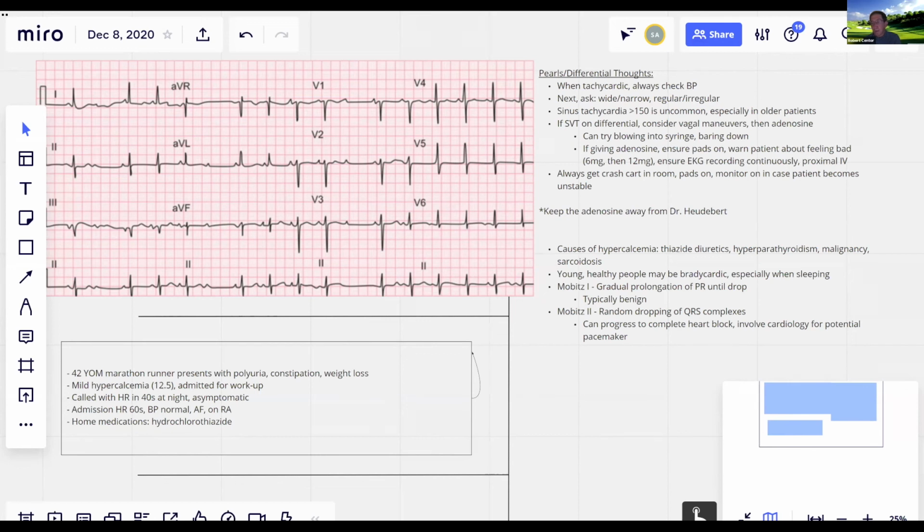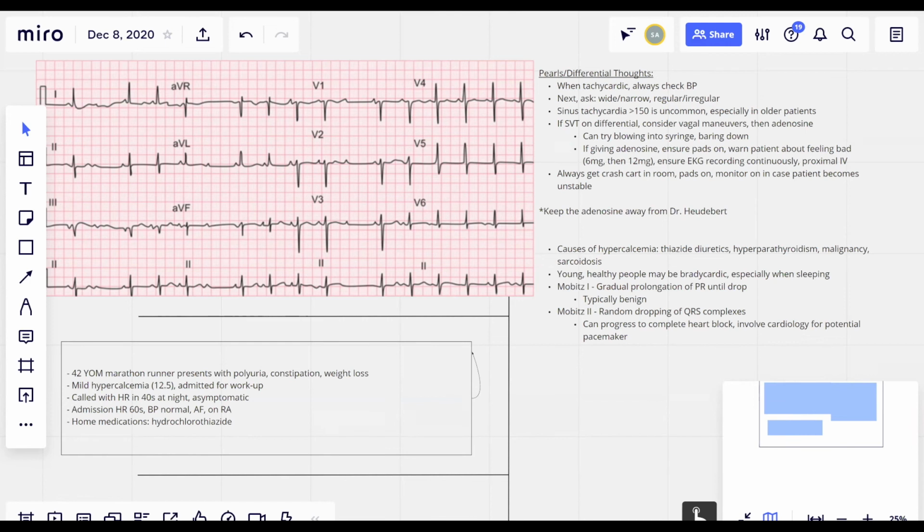So, Norma, tell us the two most important things you learned today. So I guess the very first thing that I learned today is the management of a Mobitz type 2. I knew that it could progress to complete heart block, but I wasn't necessarily sure how that would be managed.